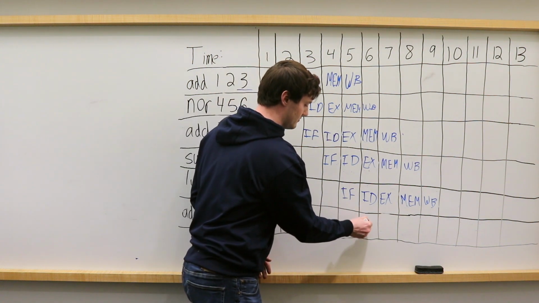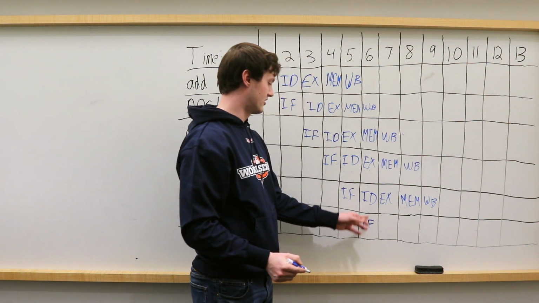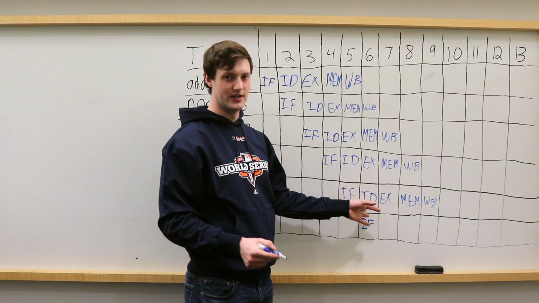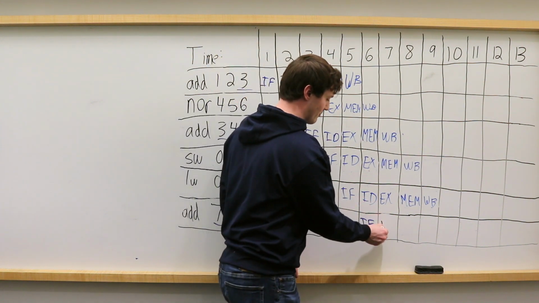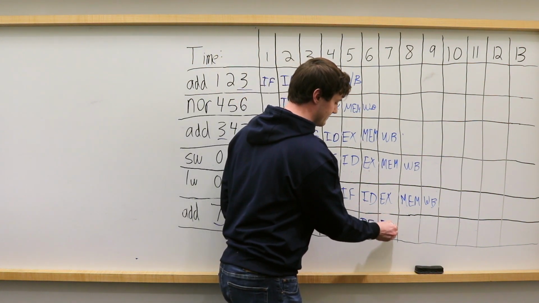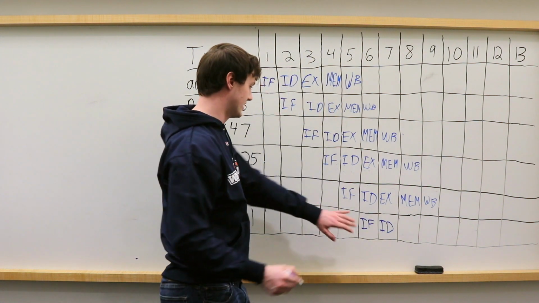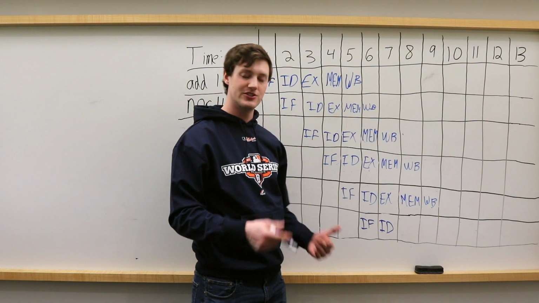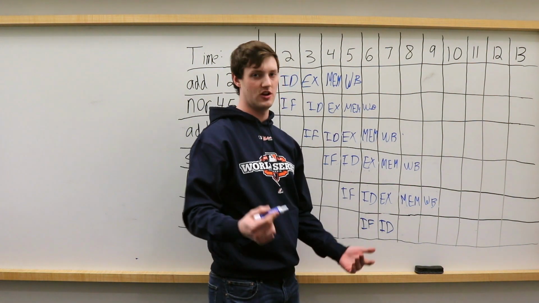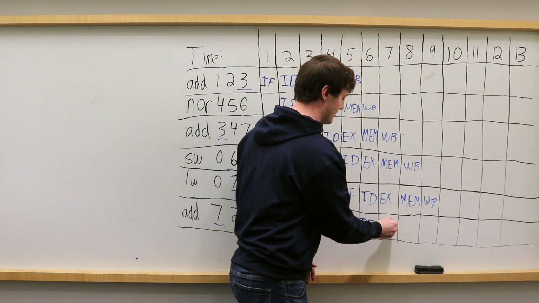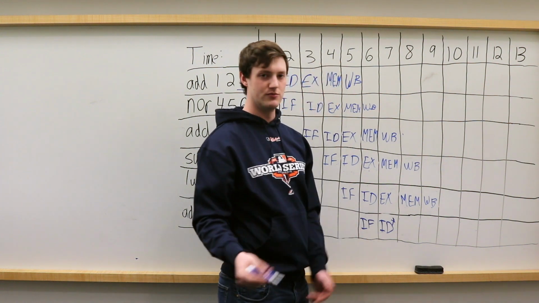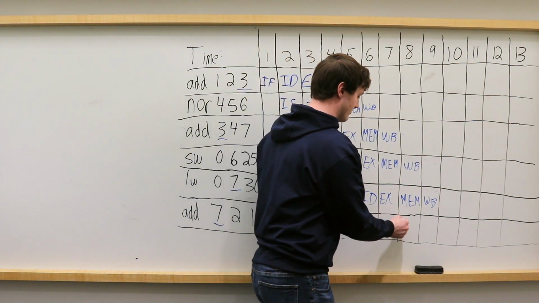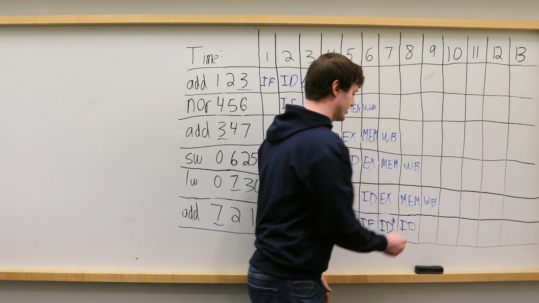And so now in this case, when we have our add instruction, the instruction fetch would occur while the LW is decoding. And then when we go here into the instruction decode phase for add, we'll see that we have a hazard here with the LW, and so now we're going to have to stall just one cycle. And so we'll stall here, and so then we'll be able to move the instruction on to instruction decode.